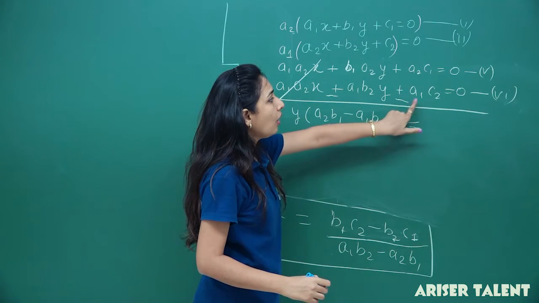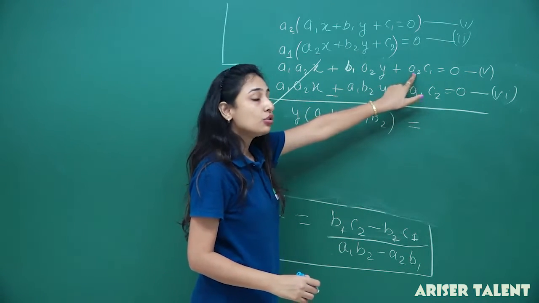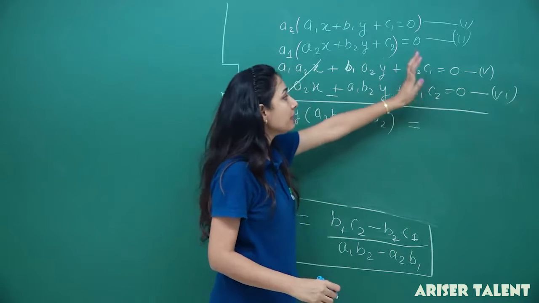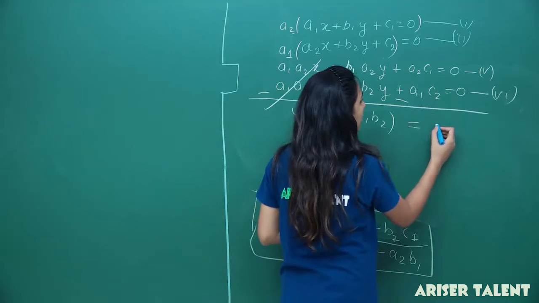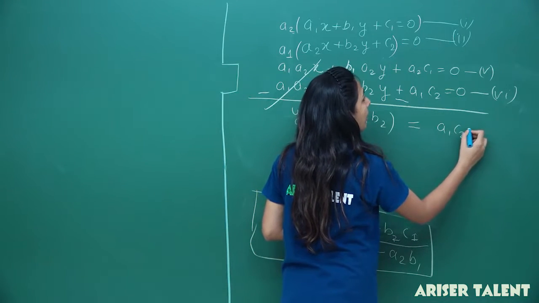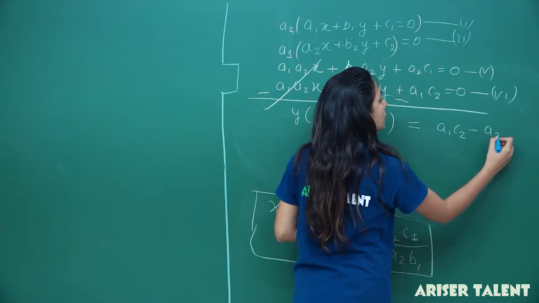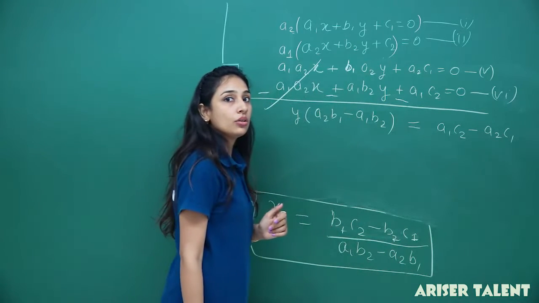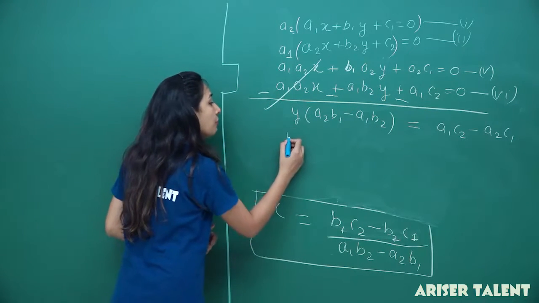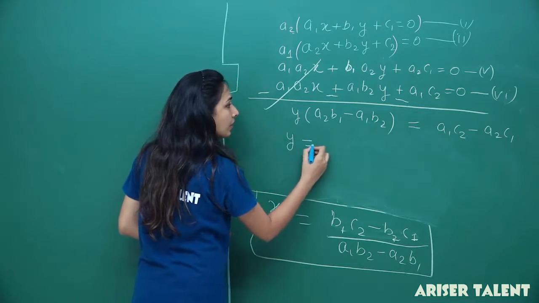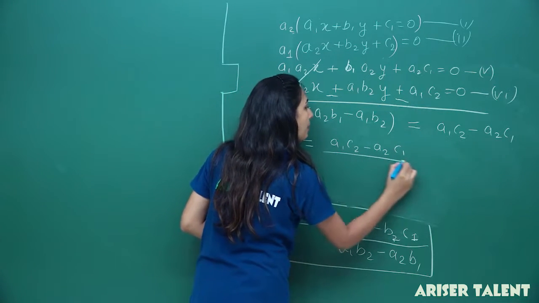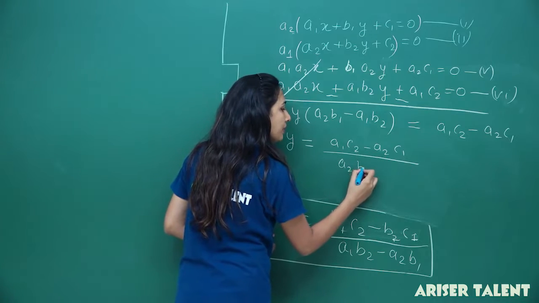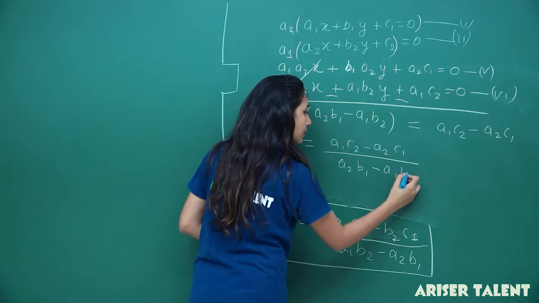That will become minus, that will become plus. So when I transpose it, that is plus and that is minus, the reverse will happen. So that will become a1c2 minus a2c1. So here students, the value of y will become equals to a1c2 minus a2c1 by a2b1 minus a1b2.